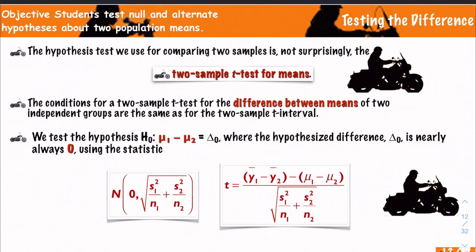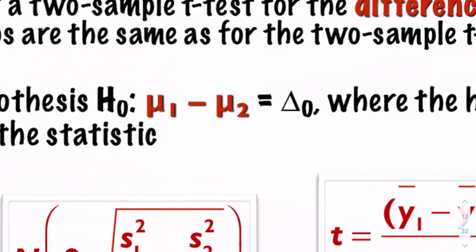The hypothesis test that we use for comparing two samples is not surprisingly called the two-sample t-test for means. The conditions for a two-sample t-test for the difference between means of two independent groups are the same as for the two-sample t-interval. We test the hypothesis, so our null is that the difference is going to be our delta.